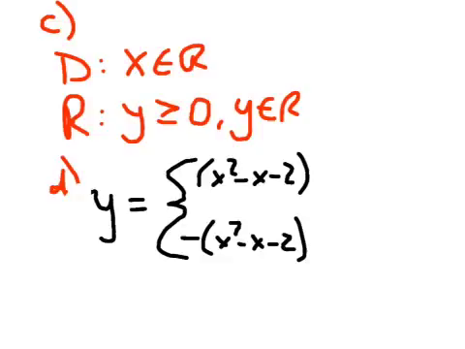Okay, so now we have to determine what values of x do we plug into here and get a positive answer, and that way we can just pull it out. And what values of x do we plug into here and get a negative answer, so that we have to multiply it by a negative to make it positive.